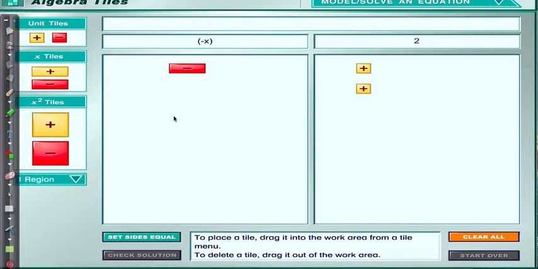Okay, remember when we did the ones with negative x's, we wanted to cancel out the negative x because we want a positive x. So what did we do to both sides? We brought over a positive x to that side and to this side. And what happened to these? Good, they canceled. And notice x plus negative x equals 0.